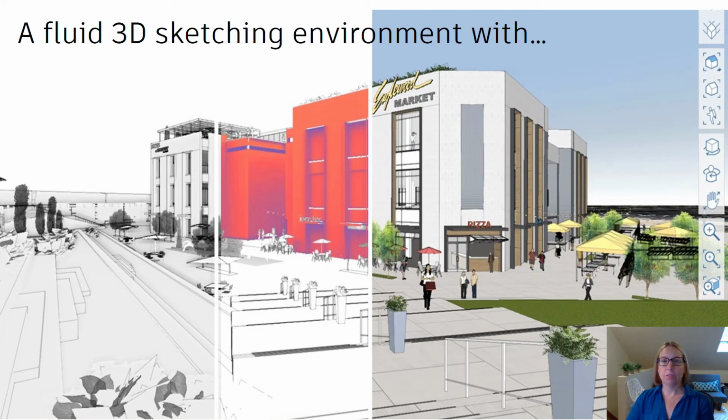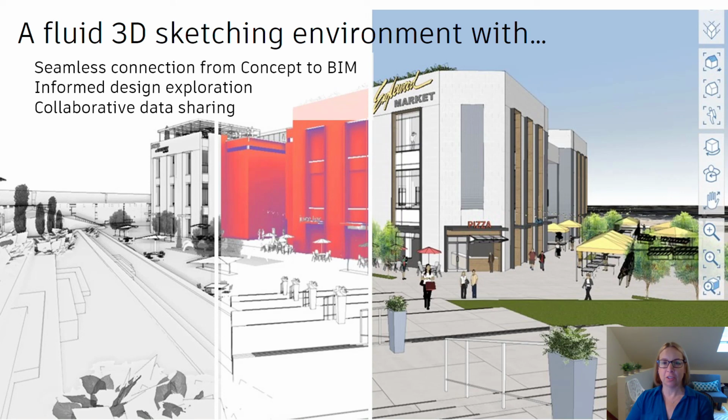FormIt Pro is a fluid 3D sketching environment that provides a seamless connection from concept design to BIM for less rework. It uses data and analysis for informed design exploration, and it provides a collaborative work environment so that the project team can share data with ease. And we'll take a look at each of these three capabilities in more detail.